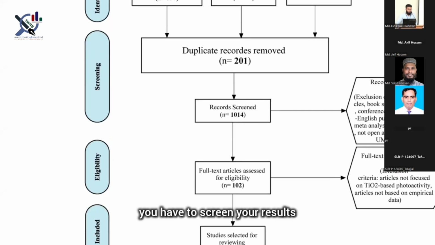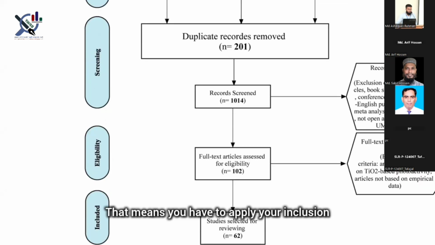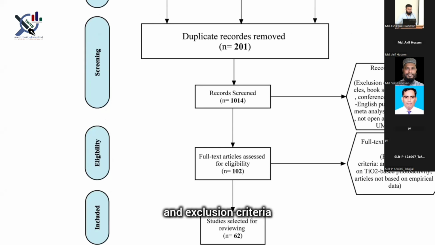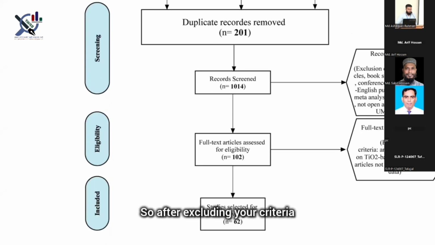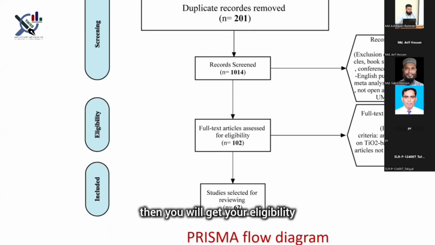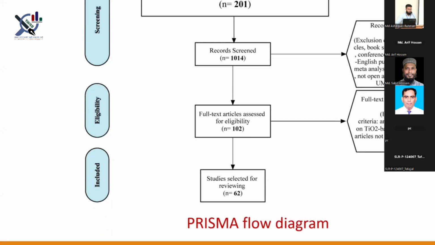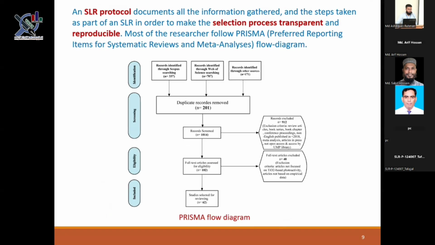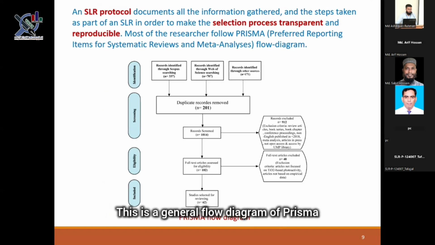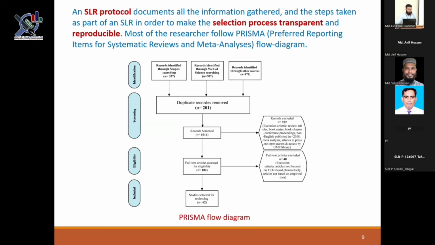After this, you have to screen your results, which means you apply your inclusion and exclusion criteria. After excluding by your criteria, you get your eligible articles, the required number of articles which you are going to analyze for your literature review. Later I will describe all of this. This is the general flow diagram of PRISMA.